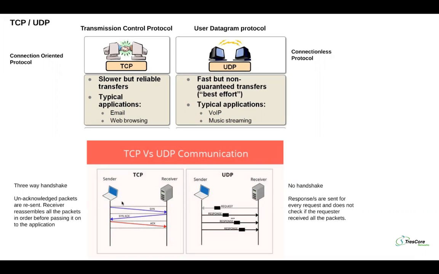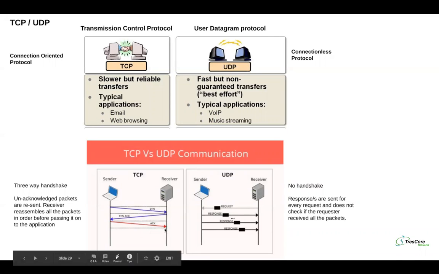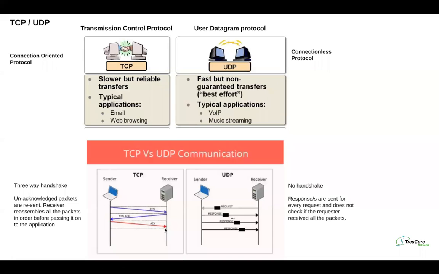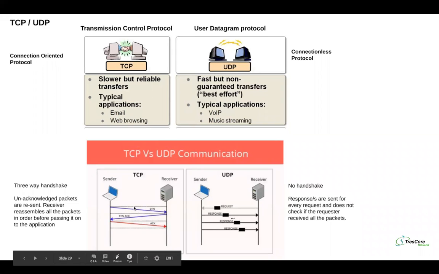It's called a three-way handshake, with SYN and ACK packets. During that time, they negotiate their capabilities, how much they can transmit at a time, what their pipe is. So all those are detected during that phase.